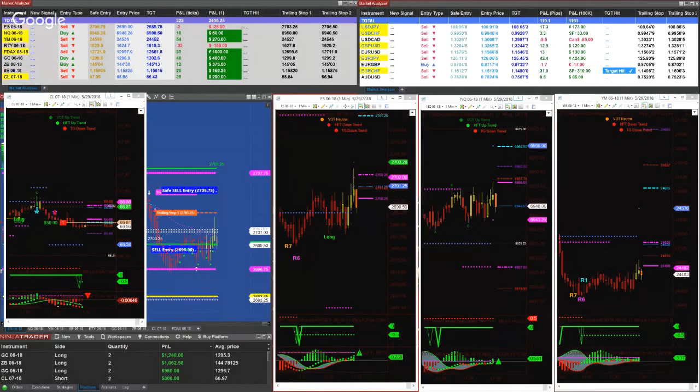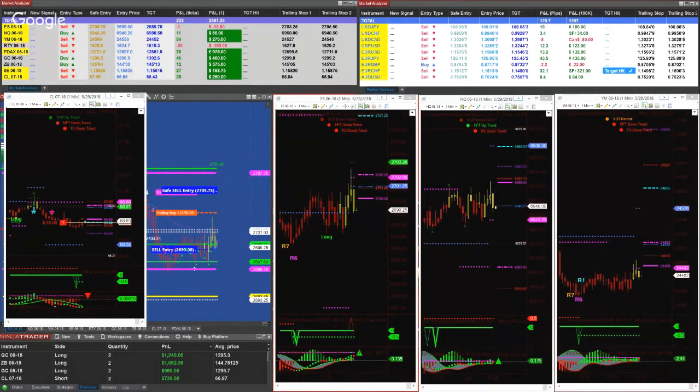Your potential target on the CL is 66.34. If this market keeps going down, your potential is closing position at 66.34. This is the destination of that CL.